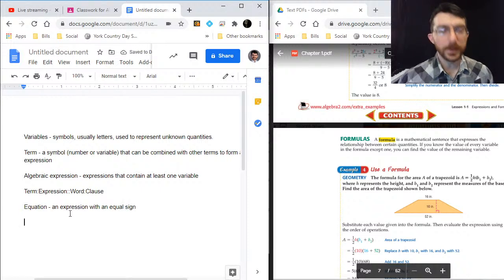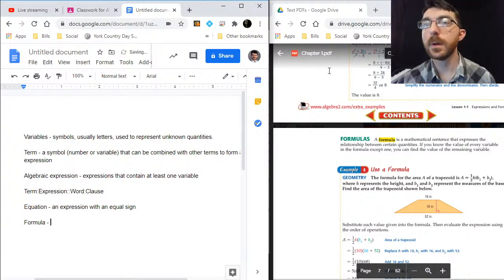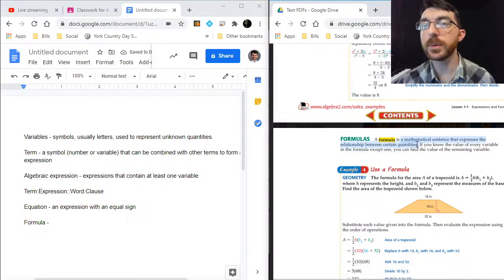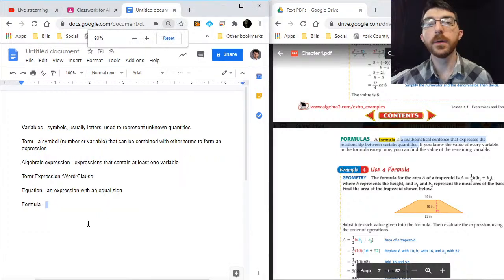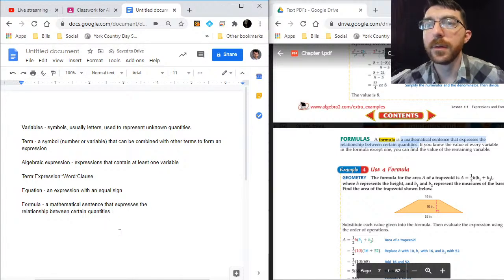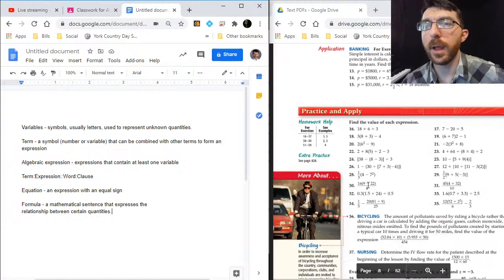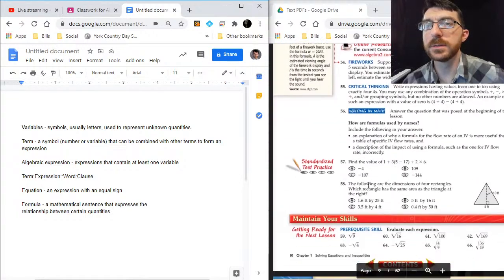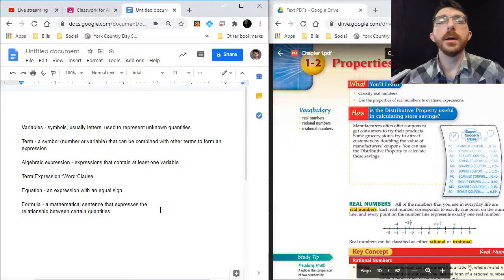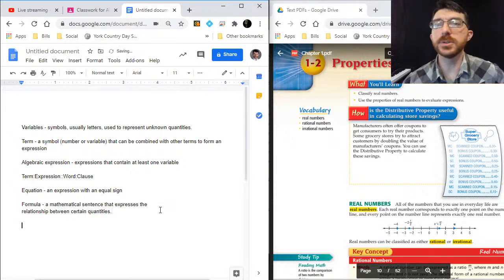A formula is a mathematical sentence that expresses the relationship between certain quantities. Seems like the difference between a formula and an equation is context. Use a formula and then exercises. Okay. This was the real part I was interested in.